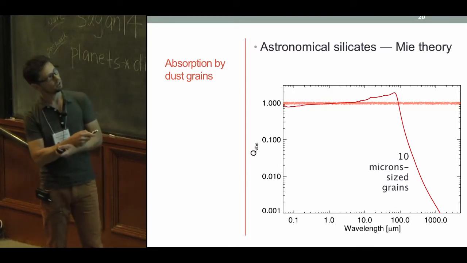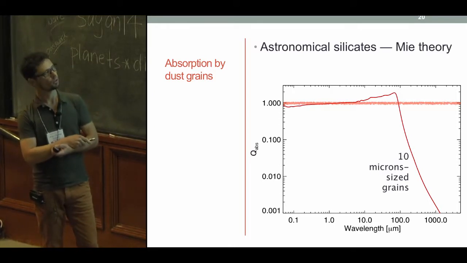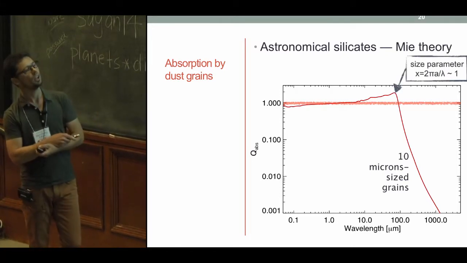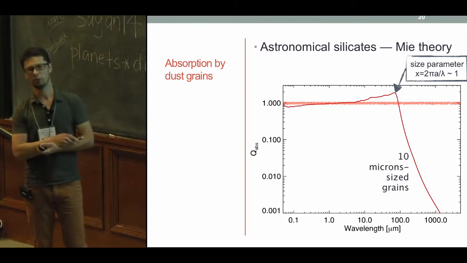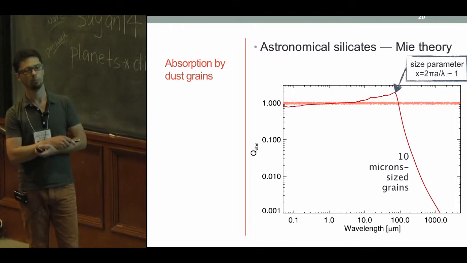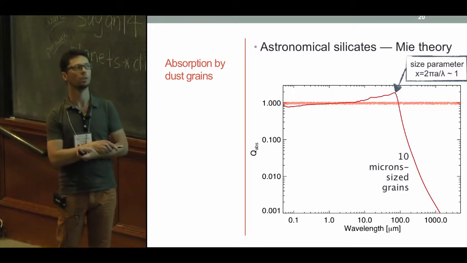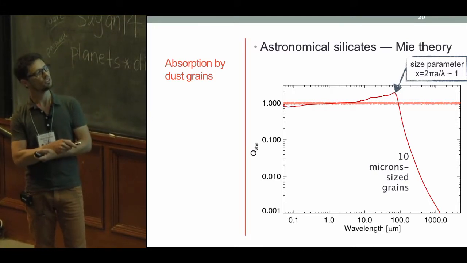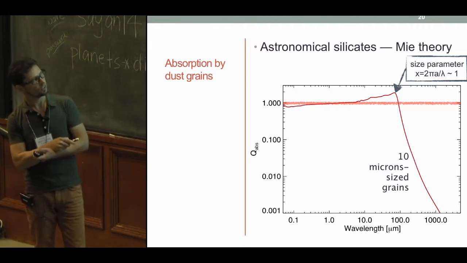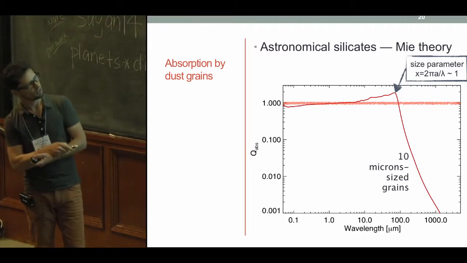And this break here in the Q_abs curve is not occurring just by chance at this wavelength. It occurs where the size parameter, which is the ratio between 2πa, where a is the grain size, divided by lambda, the wavelength, is about 1. So for a 10 micron sized grain, 2πa is about 60, more or less, and this is the wavelength at which this break is occurring.